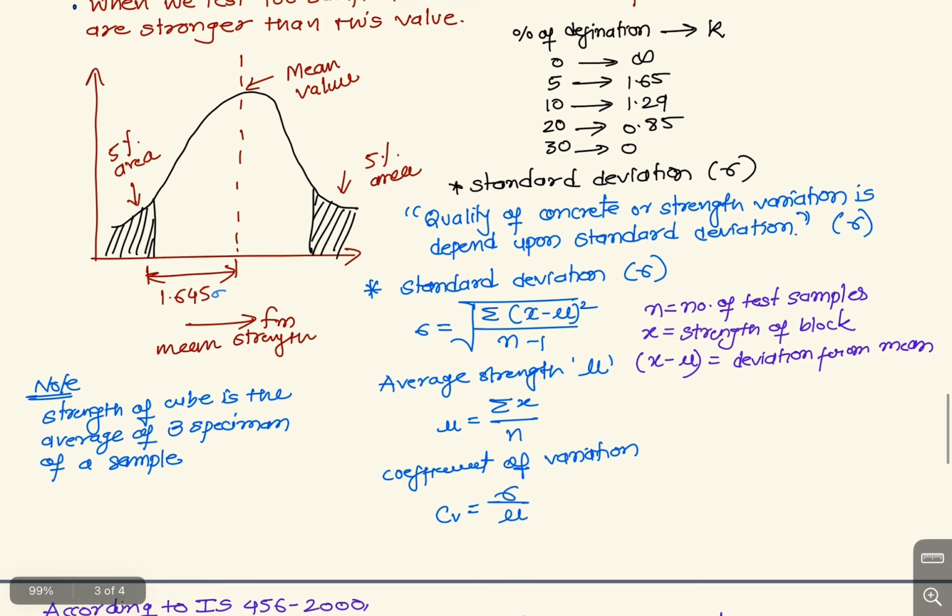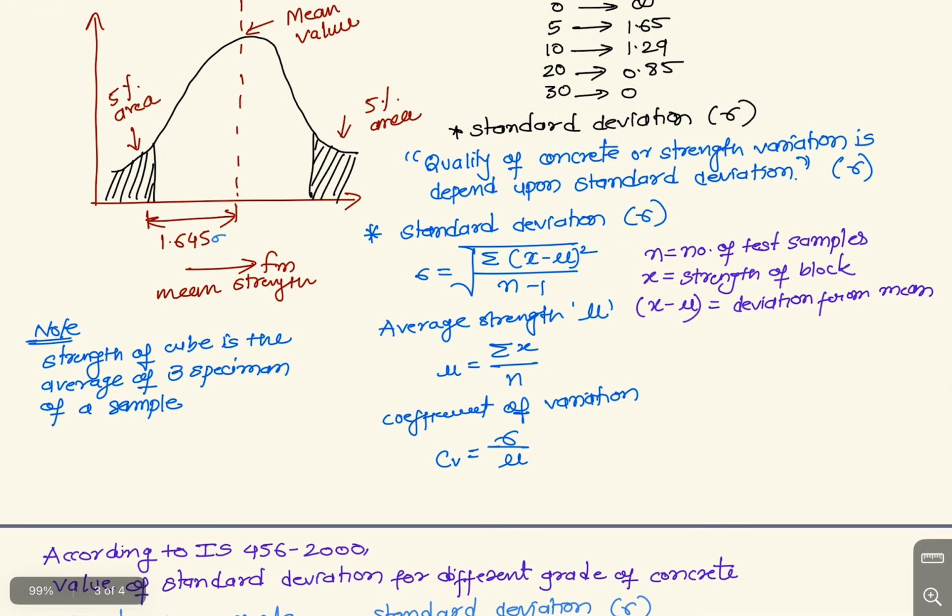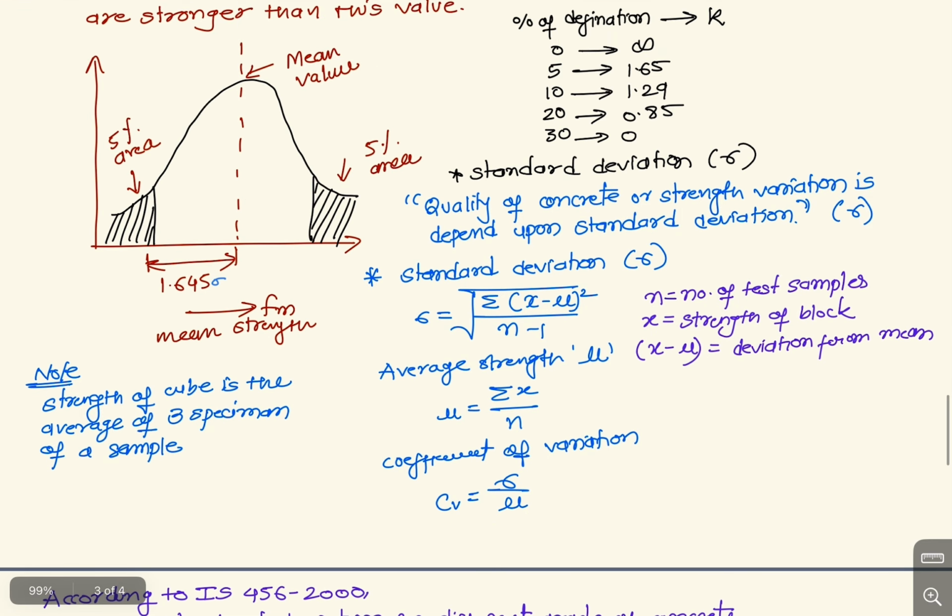Now, to calculate the standard deviation, first understand what standard deviation is all about. The quality of the concrete, or strength variation, depends upon the standard deviation. If your standard deviation is not properly defined, then you are not able to understand the quality control and the strength variation, because deviation is all about the variations that you are going to calculate.